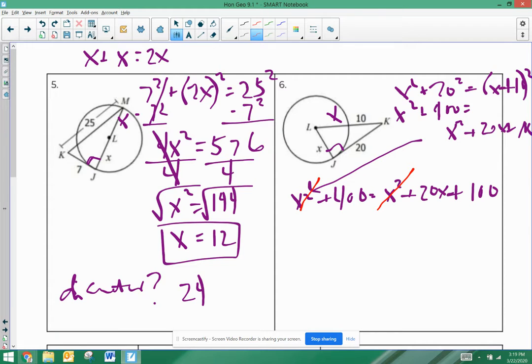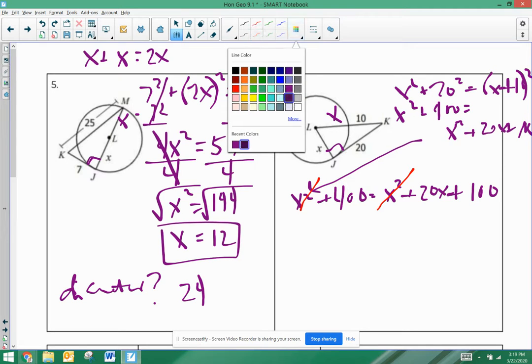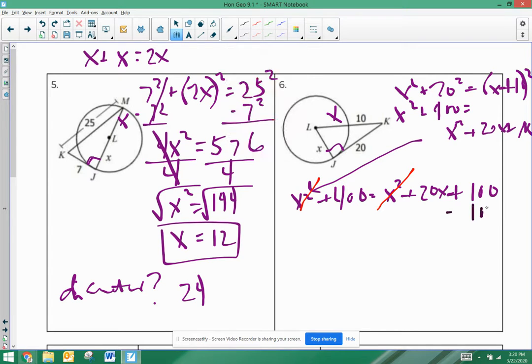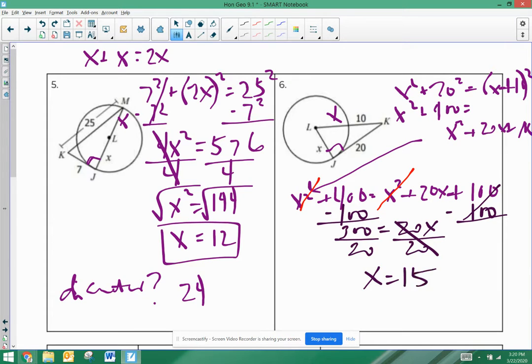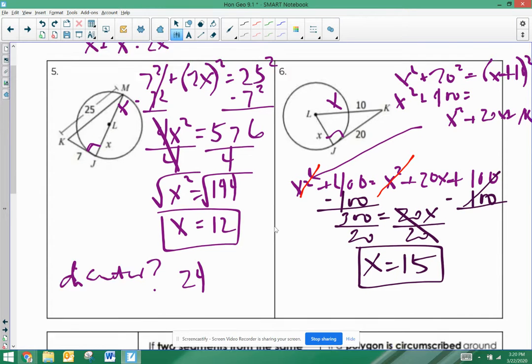I can subtract 100. Not the color I requested. So now I have 300 equals 20x. Divide both sides by 20. X equals 15. Good for us.